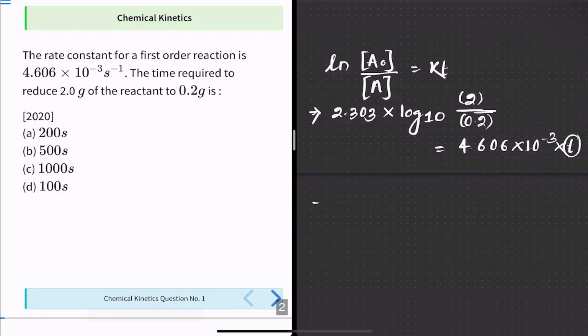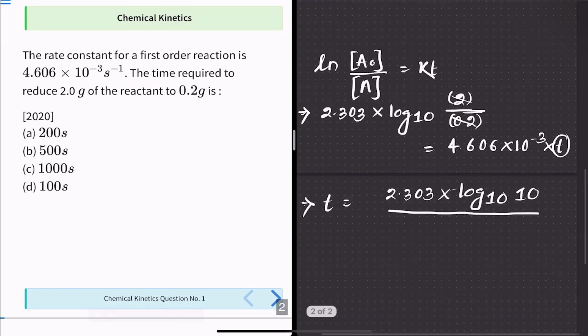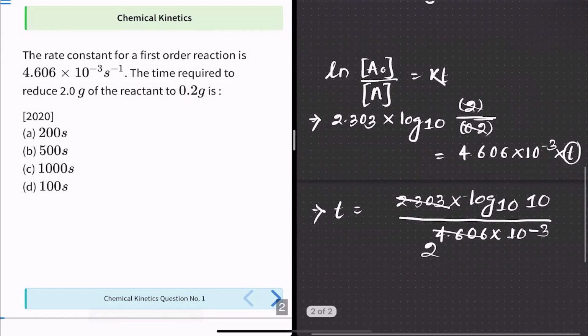We need this time. So time would be 2.303 log 10, here 0.2 cancels out, 2 by 0.2 is 10, log 10 of 10, divided by 4.606 into 10 to the power minus 3. Here 2.303 cancels out 4.606 by 2, and log 10 of 10 value is 1.